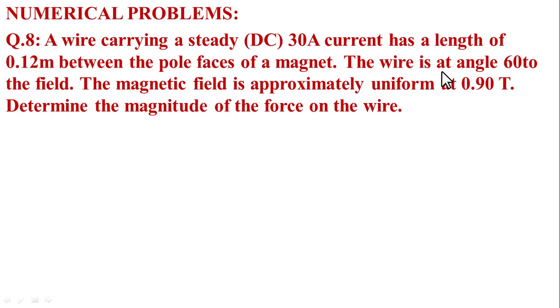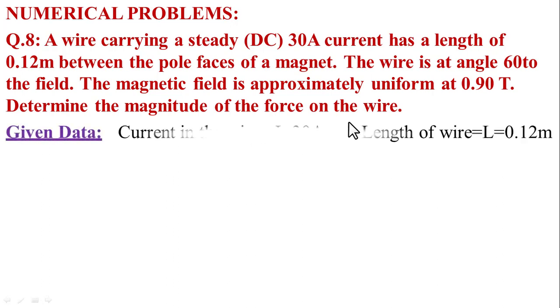The wire is at an angle of 60 degree to the field. The magnetic field is approximately uniform at 0.90 Tesla. Determine the magnitude of force on the wire.